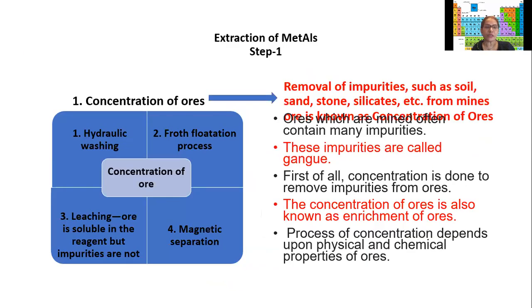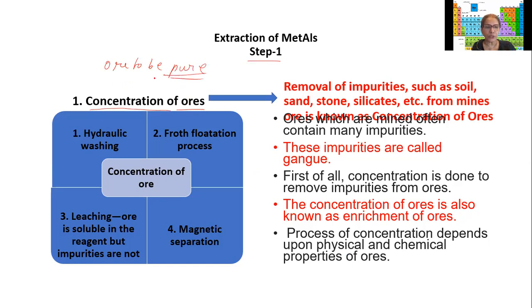Now we'll see step number 1. What is step number 1? Step number 1 is the concentration of the ores. Now concentration means we want the ore to be purified, to be pure first. It should not have any impurities.